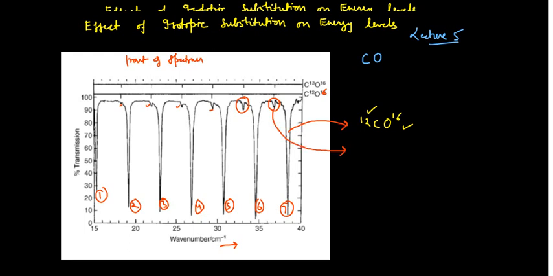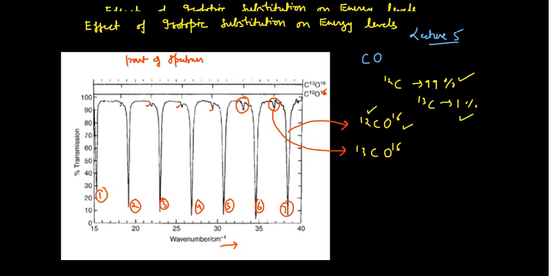This peak is due to another isotope of carbon, that is carbon-13, and the oxygen will remain the same. This is something very important. Carbon-12, this particular isotope, has a natural percentage abundance of almost 99%, which is very high, and carbon-13 has a natural abundance of roughly 1% only.